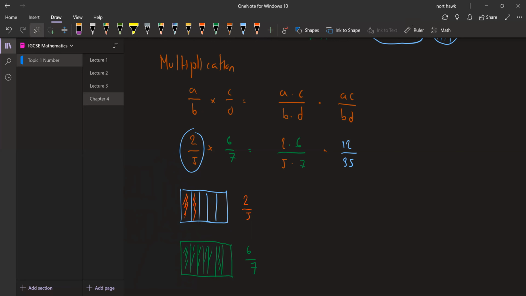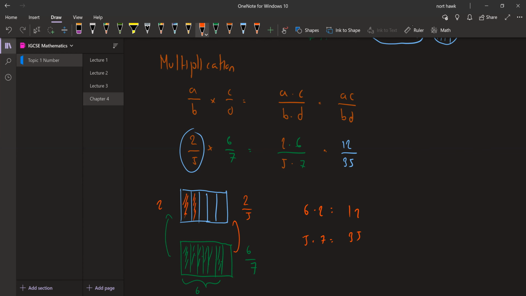When you multiply them, you're essentially saying how many of the green pieces, let's say I have 6 here, multiplied by the 2 orange pieces. So 6 times 2 is 12. But then you also want to multiply the box. So it becomes 5 times 7, which is equal to 35.